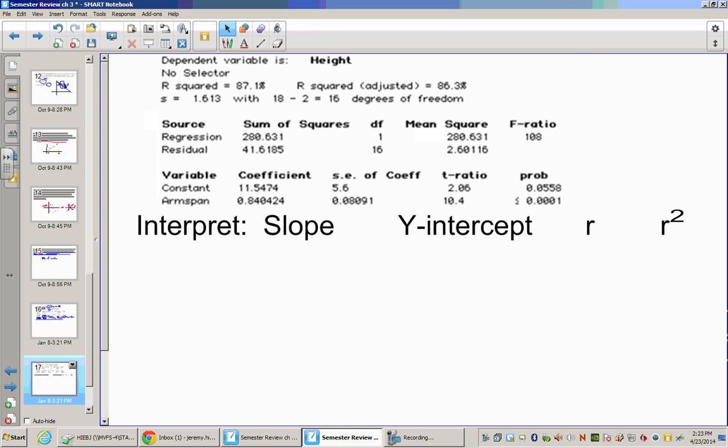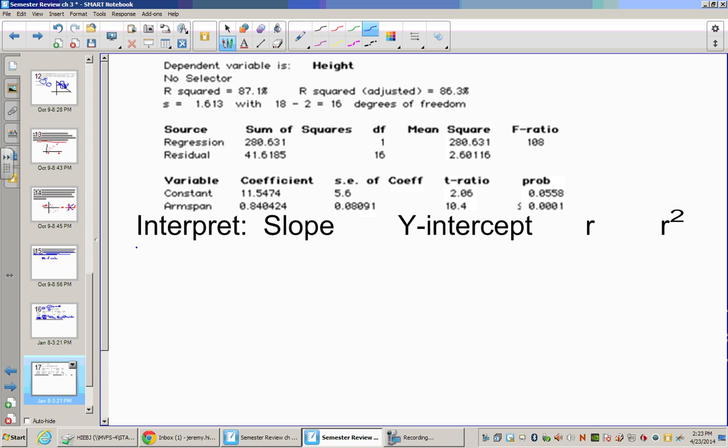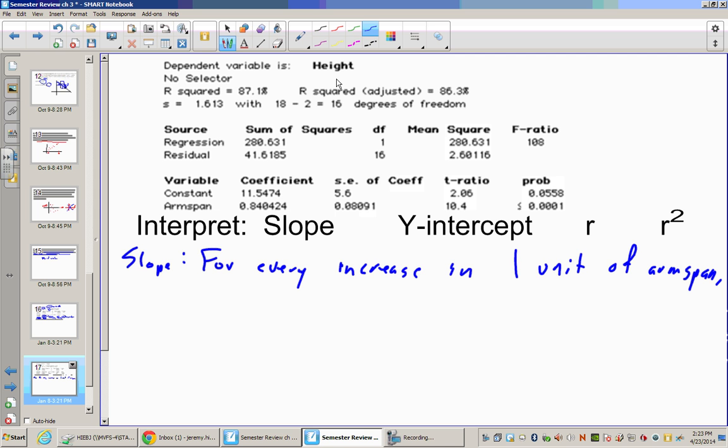So in this situation, to interpret the slope, I would say for every increase in 1 unit of arm span, height increases our slope, which is 0.840424. So this is how we would interpret it.